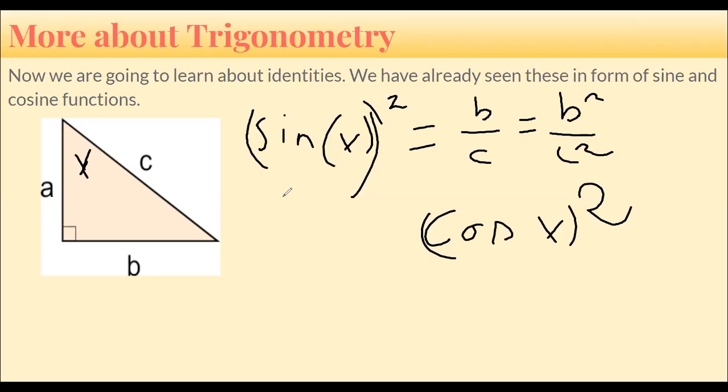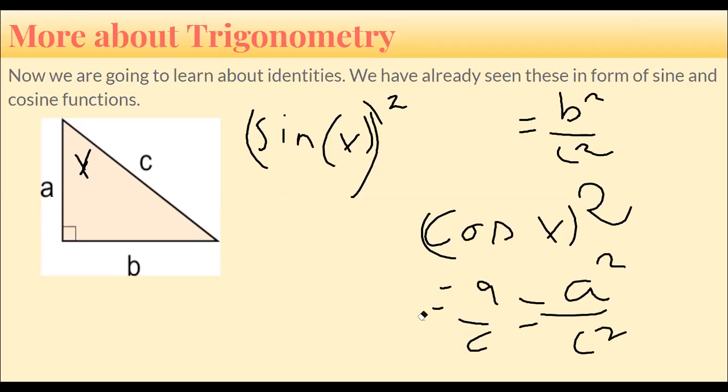And what is cosine x? Cosine x is a over c. You just square that. It's a squared over c squared. Now you might be saying, okay, that's cool, but how are we supposed to use it? I'll show you how to use it.